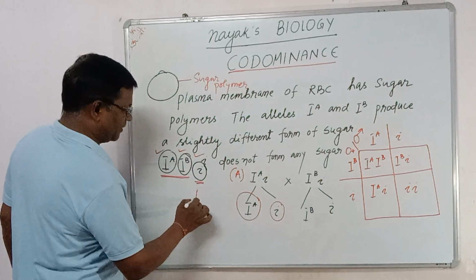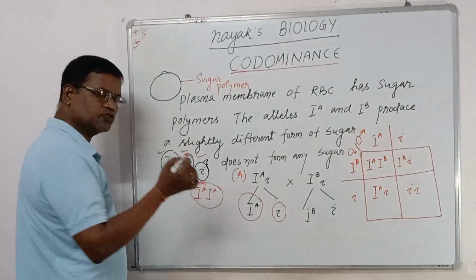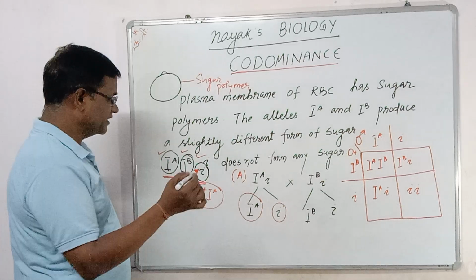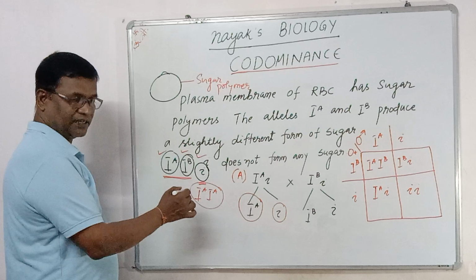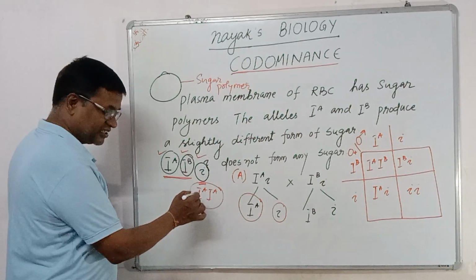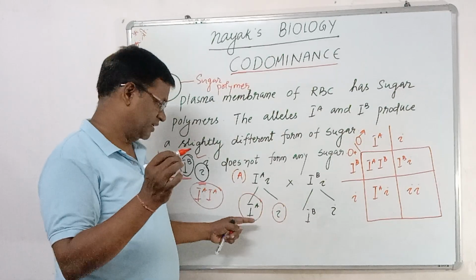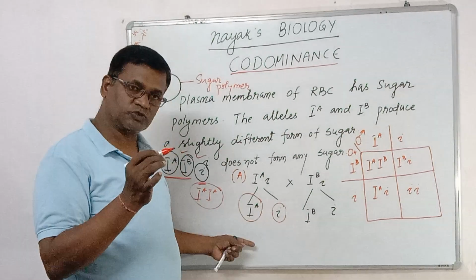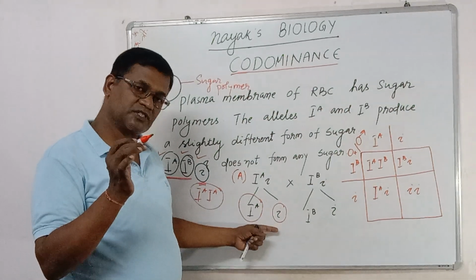Suppose one person has IA IA, what is this blood group? It is also A only, but it is homozygous because both are the same. The IA i person is heterozygous because two different gametes are produced, because IA is different from small i.